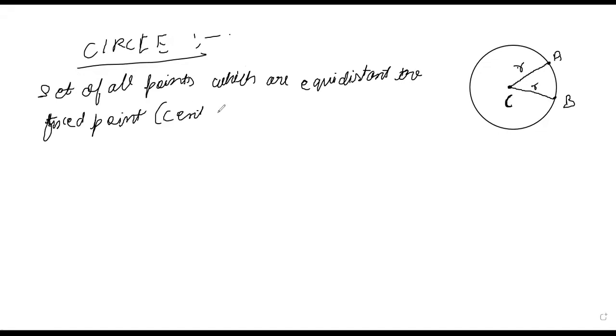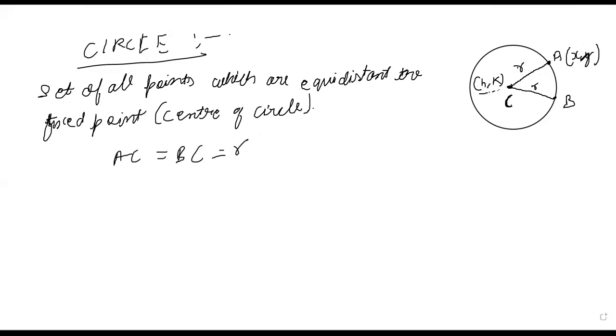Which means AC equals BC equals radius. The coordinates of the center of circle we denote by h comma k, and let's say we take the point A with coordinates x comma y.